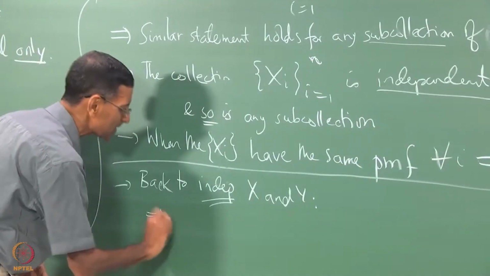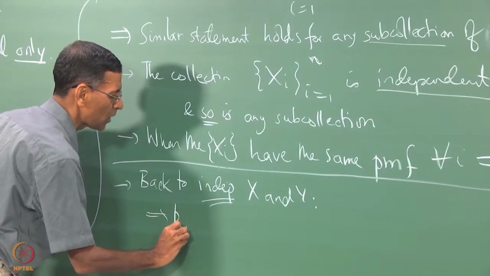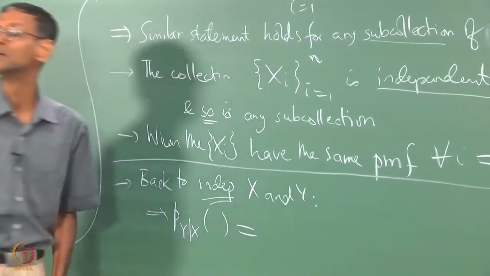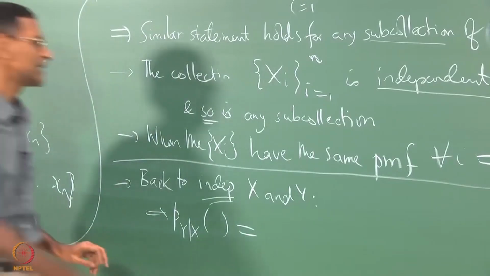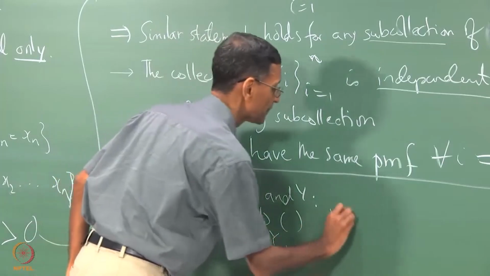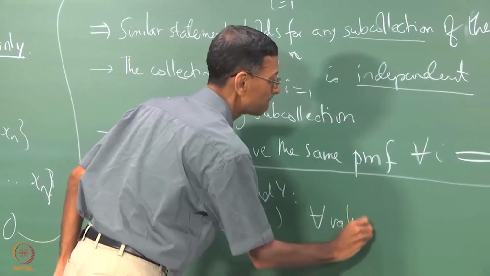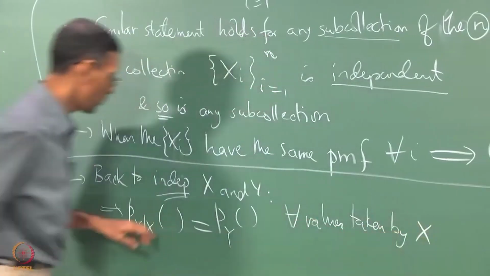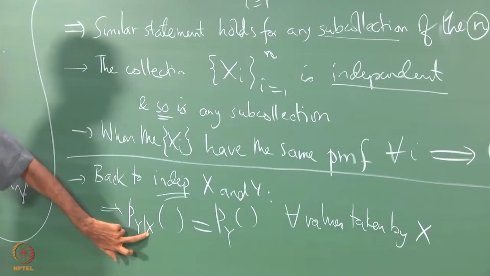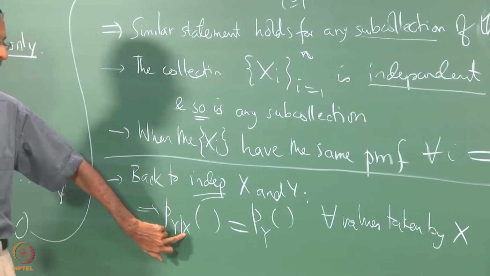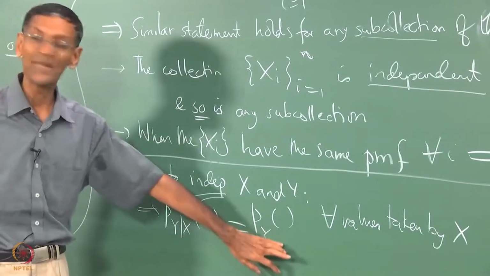So that also means that the conditional densities, or conditional PMFs, P of Y given X for example, will be what? Just the unconditional, the marginal PMF for all values taken by X. That is, no matter what value you use for the conditioning quantity, you get back the same unconditional PMF.